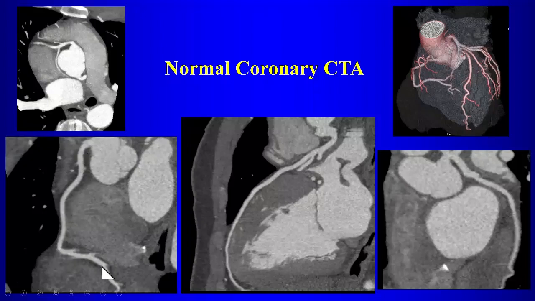We can manipulate it in different ways. And then here you'll see the PDA coming towards you. Here we're looking at a two-chamber view, left atrium, left ventricle. Here's the LAD coming down the anterior interventricular septum, and for the circumflex coronary artery, we can see it wrap around the left atrioventricular groove.